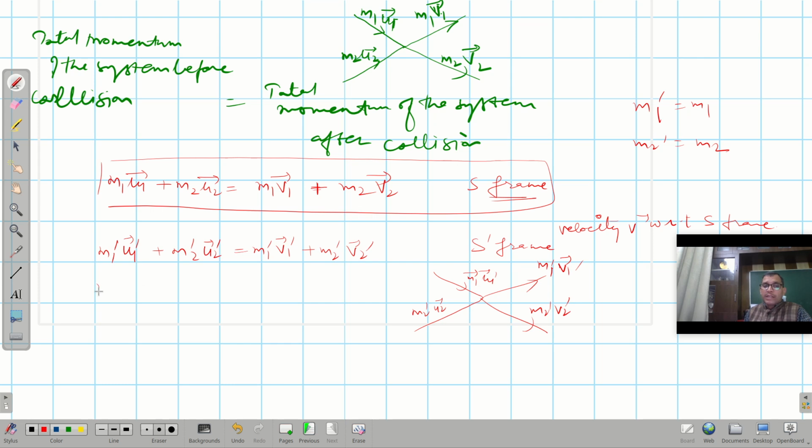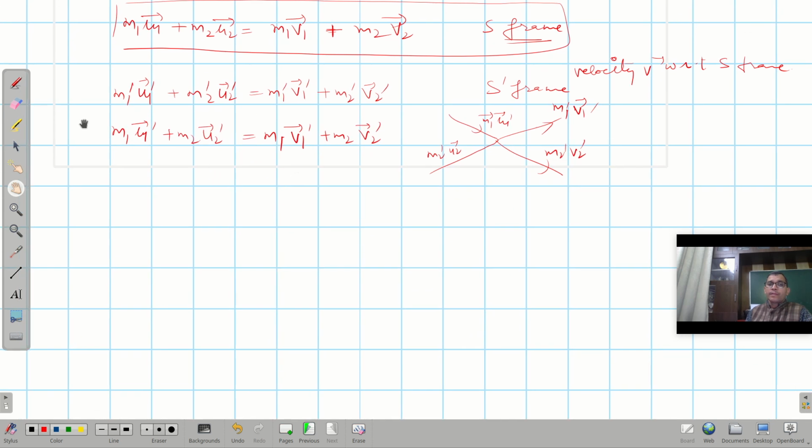So I can simply write m1 u1 prime plus m2 u2 prime is equal to m1 v1 prime plus m2 v2 prime.